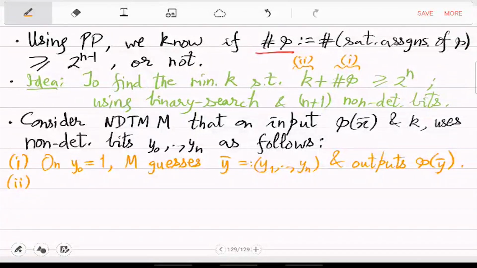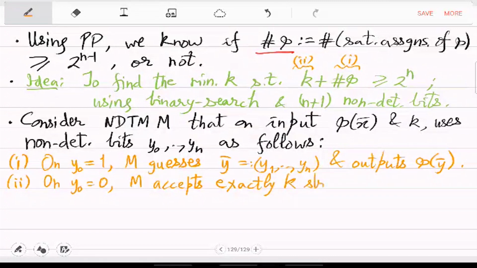So on y0 equal to 0, M accepts exactly k strings y bar.